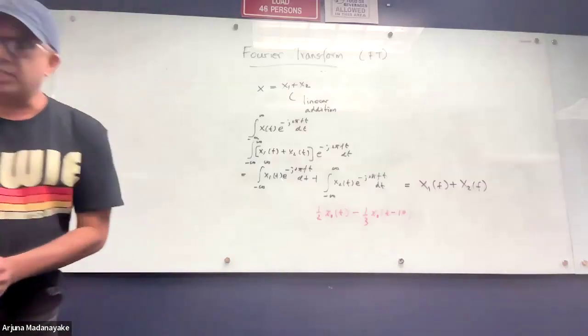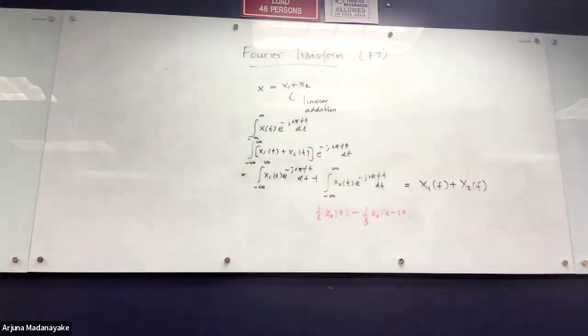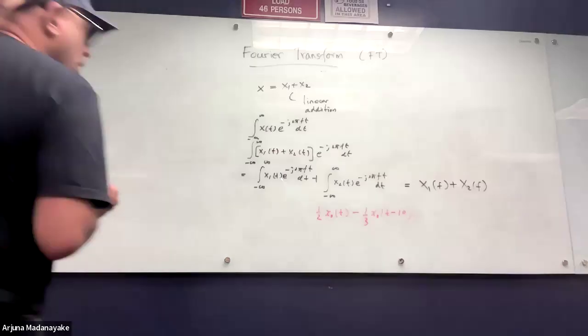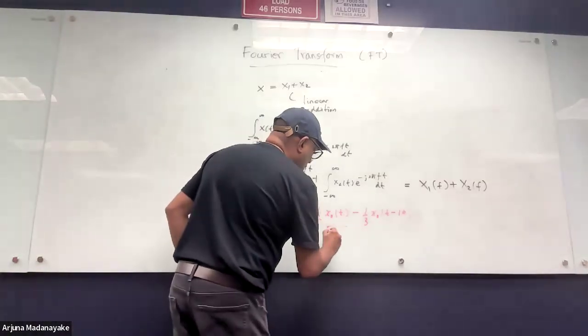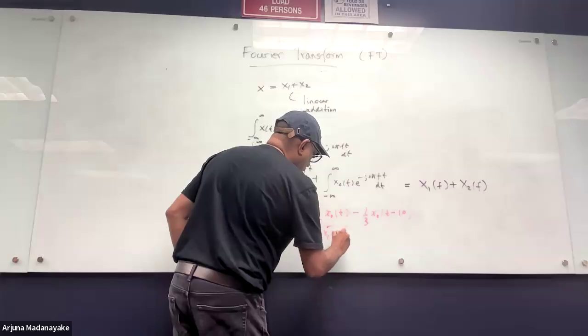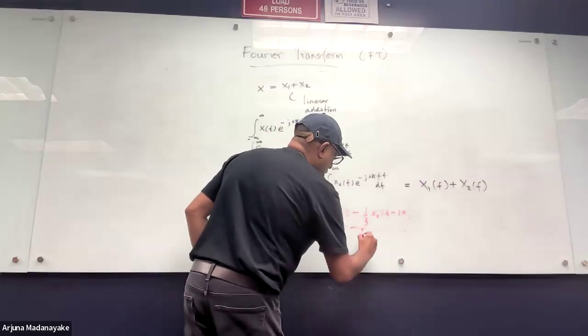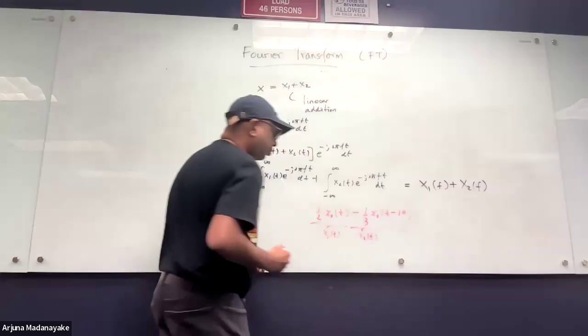So knowing that, it's very easy to solve the question. Let me take a quick photo. And then we'll see how we can solve the problem, right? So here, I'm going to think of this part as x1 of t and this part as x2 of t.